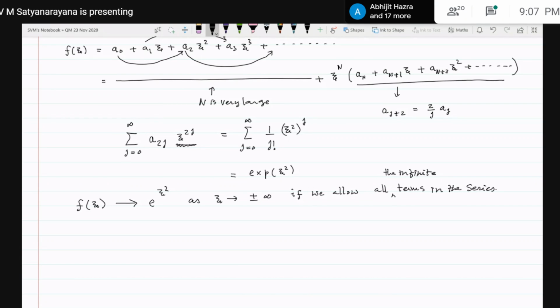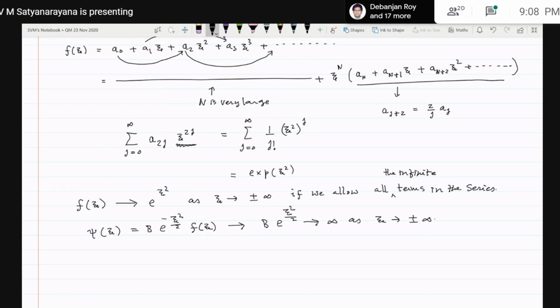Now, what is the problem if this happens? The problem is that your psi of xi, which is equal to some constant b into e to the minus xi square by 2 into f of xi, that is what we have seen, now goes like e to the power xi square by 2, because f of xi is e to the xi square, and that goes to infinity as xi goes to plus or minus infinity.